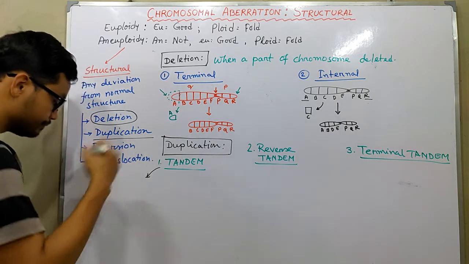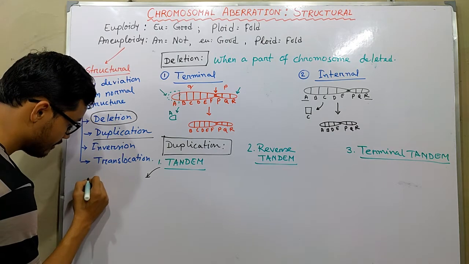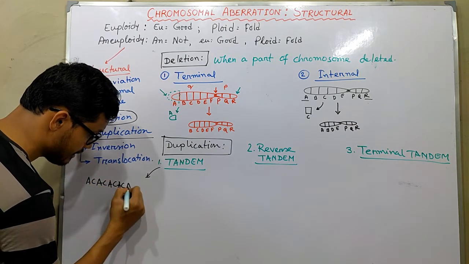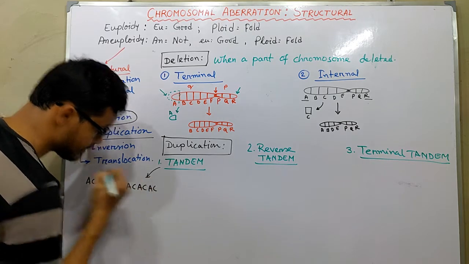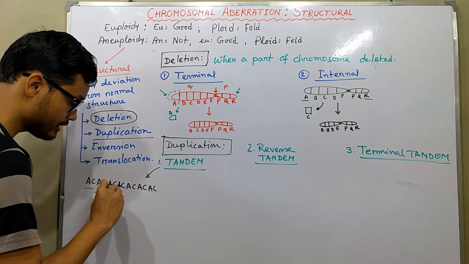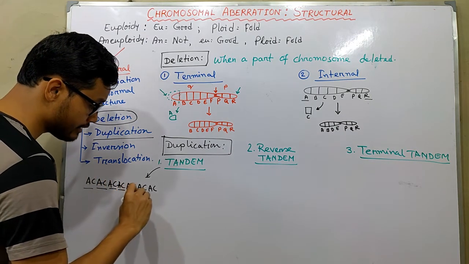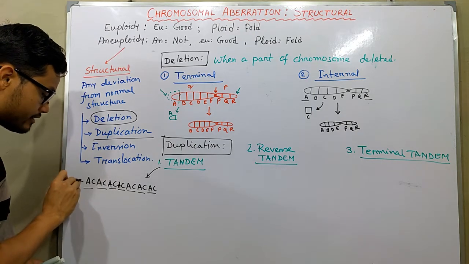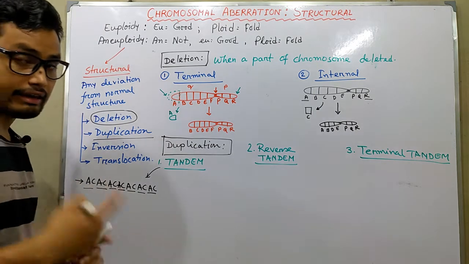For example, AC, AC, AC, AC, AC, AC, AC: adenine cytosine, adenine cytosine, repeated again and again.